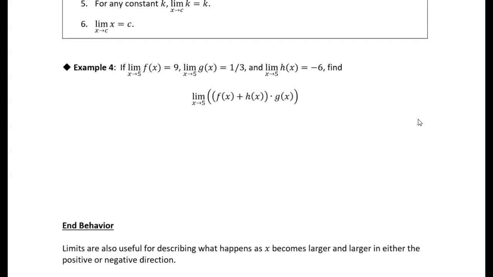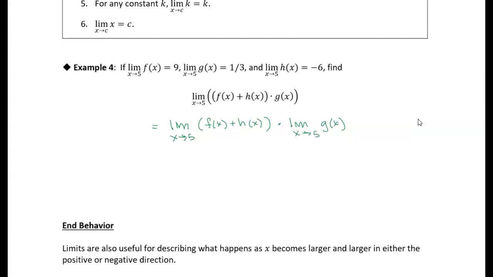So we know that the limit of a product is the product of the limits, right? So we can actually rewrite this as the limit as x approaches 5 of f of x plus h of x, because that's one of the factors in this product, times the limit as x approaches 5 of g of x.